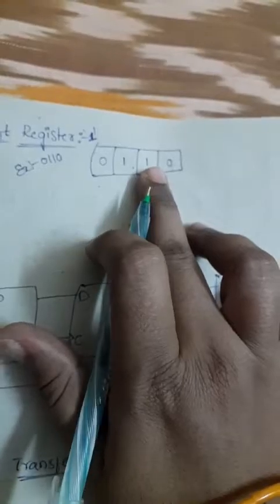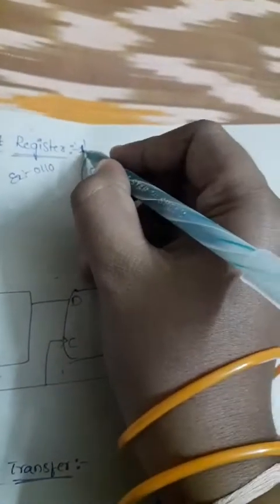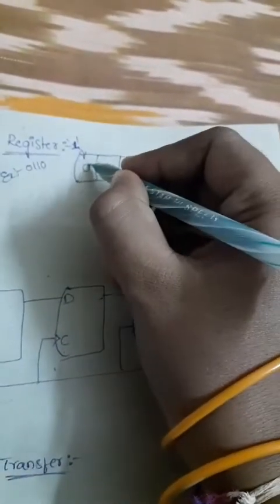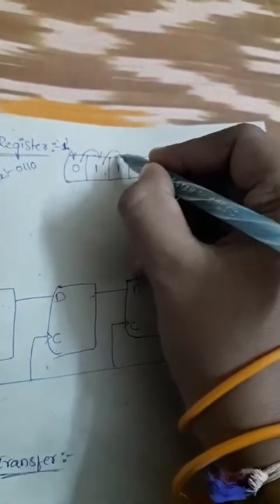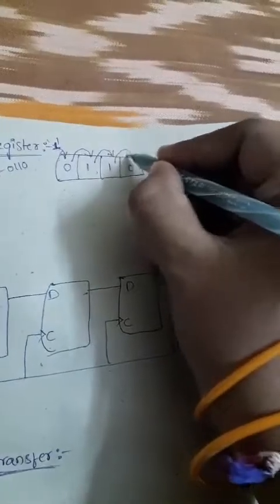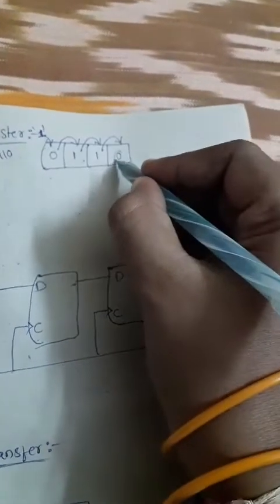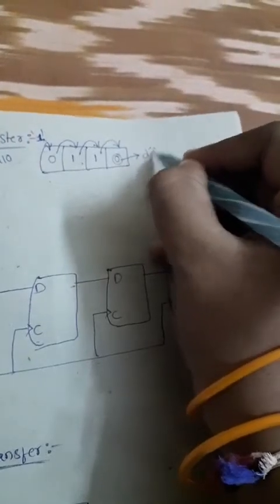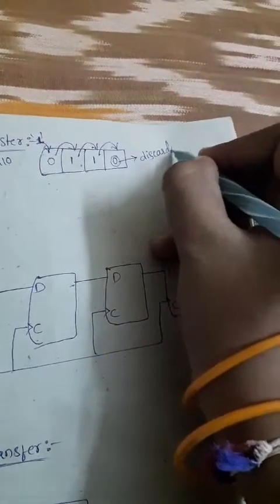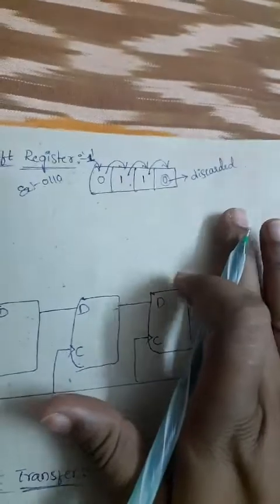So what will happen? This 1 will be shifted to here, and the 0 will be shifted to here, this 1 will be shifted to here, and this 1 will be shifted to here. And what about this last 0? This 0 will be discarded. Like this we can shift the information.